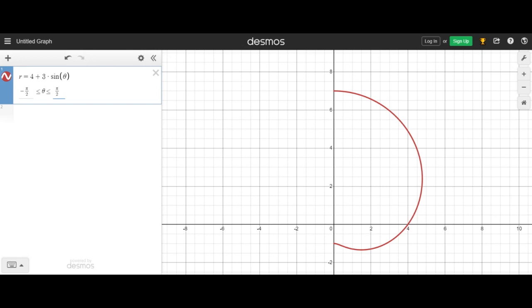Notice when you begin at the bottom, theta is negative 90 degrees, and the sine of negative 90 degrees is negative 1. So 4 plus 3 times negative 1 gets you a negative 1.